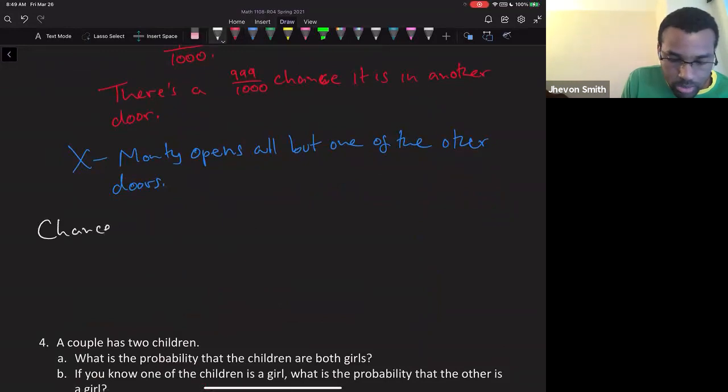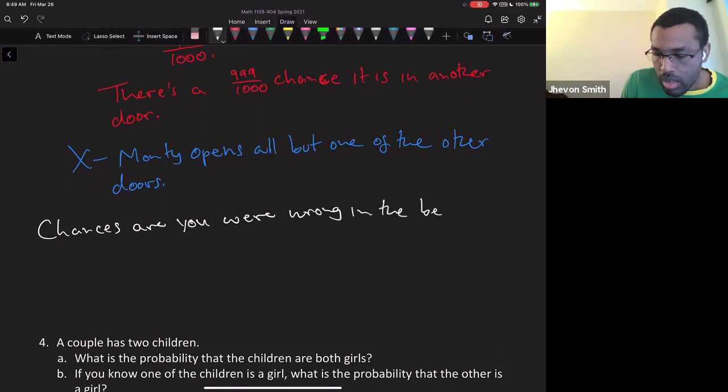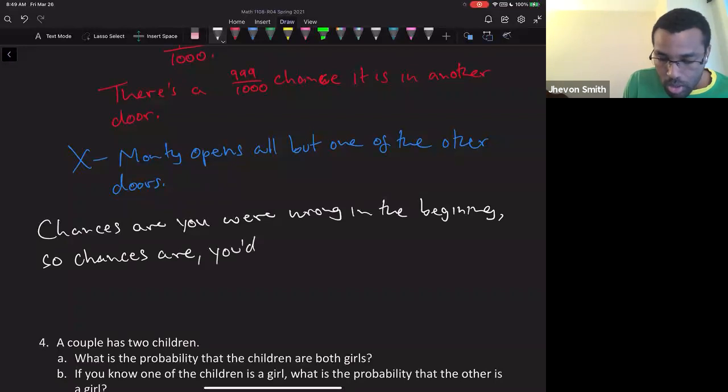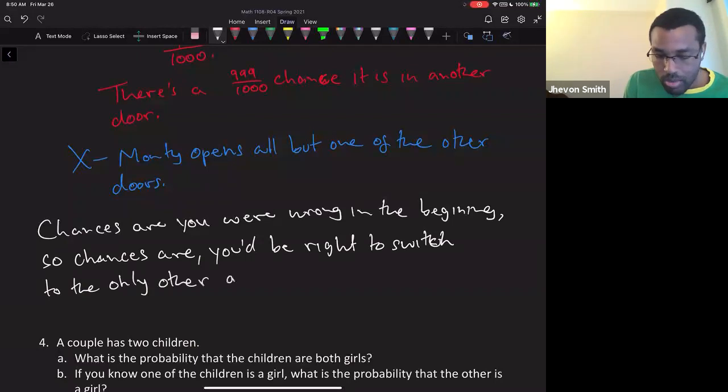Chances are you were wrong in the beginning, so chances are you'd be right to switch. Why can I not spell switch today? Right to switch to the only other available door.